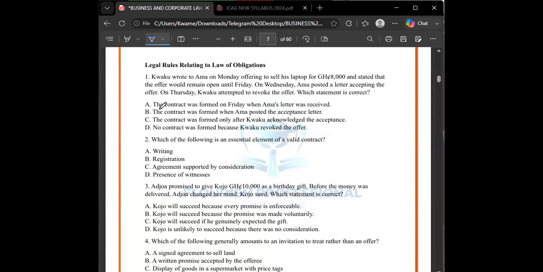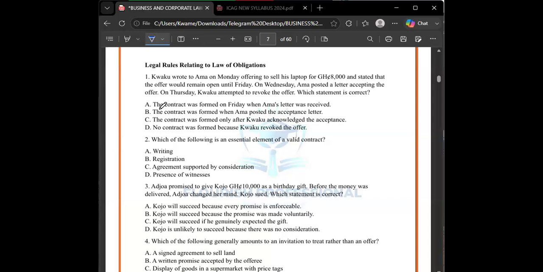A. The contract was formed on Friday when Ama's letter was received. B. The contract was formed when Ama posted the acceptance letter. C. The contract was formed only after Kweku acknowledged the acceptance. And D. No contract was formed because Kweku revoked the offer.